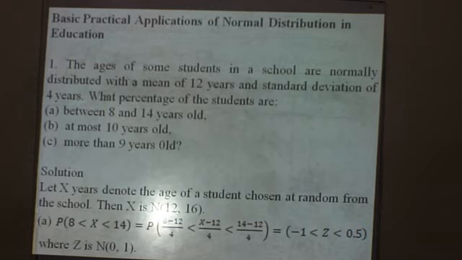Now with all this, we want to find out how this is applicable in the educational sector. That's how do we apply normal distribution. We want to know the essence of the normal distribution in educational statistics or in our educational field.